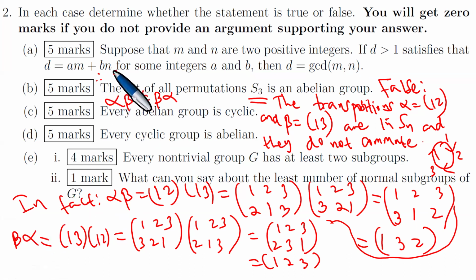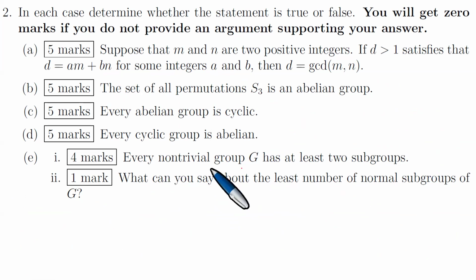Therefore, S3 is not abelian. Take note of that. Let's move to the next question. We're just practicing with these things. By the way, I have to spend a bit more time on the groups and these permutations of S3, the alternating groups. Let's look at C.